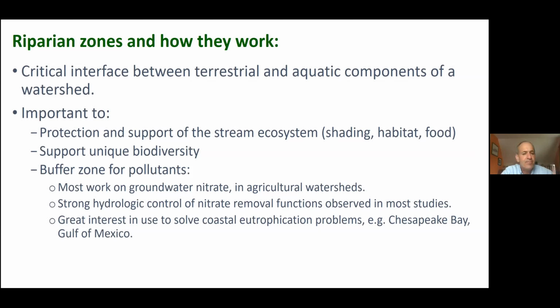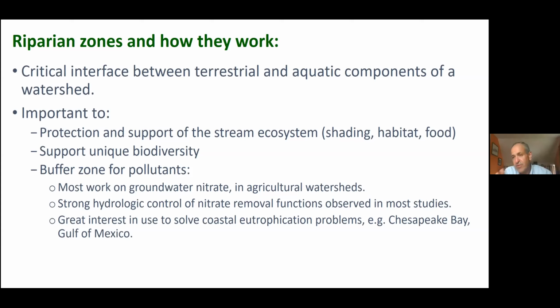They're important to protection and support of the stream ecosystem by providing shade, by providing organic material, by stabilizing banks. They support unique biodiversity: unique soil conditions support unique plants, which support unique animals. And then most relevantly to our topic, they form a buffer zone for pollutants.